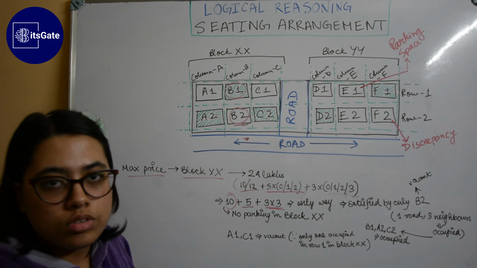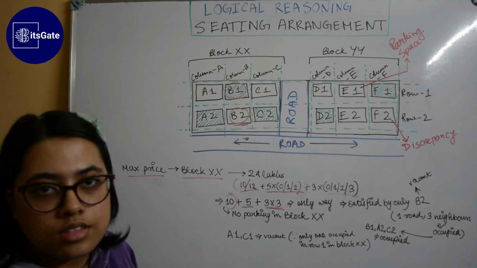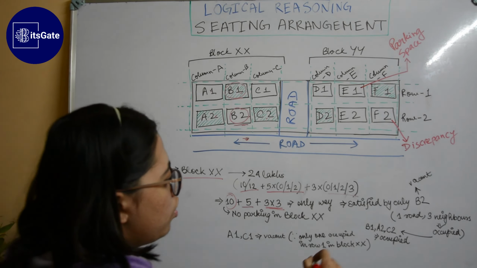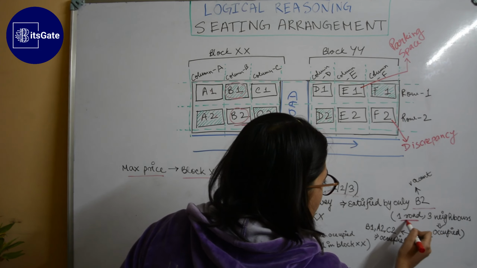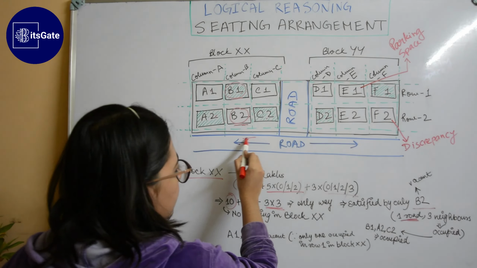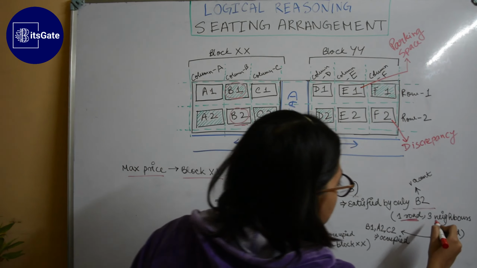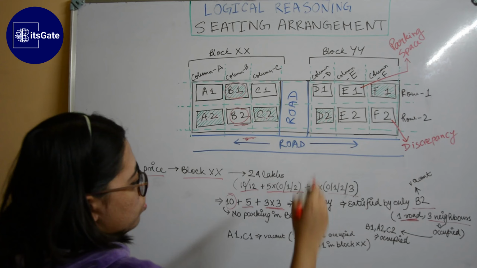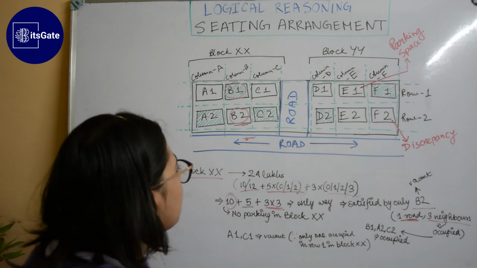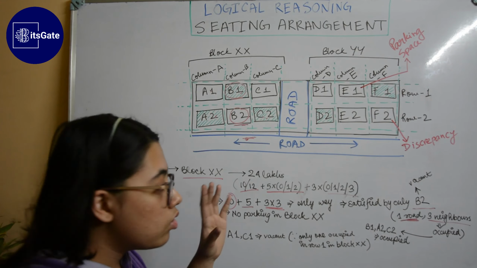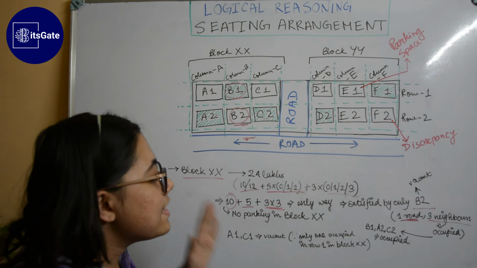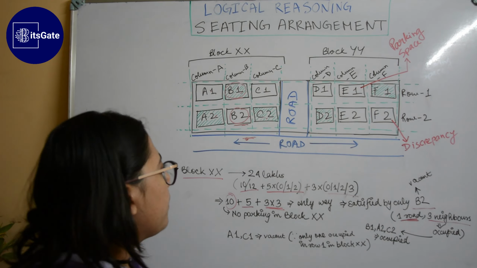Now we also know that only if a house is occupied can it form a neighbor. Since these are the only three neighbors of B2, we can conclude that A2, B1 and C2 are occupied.